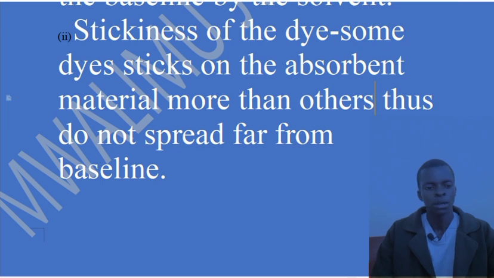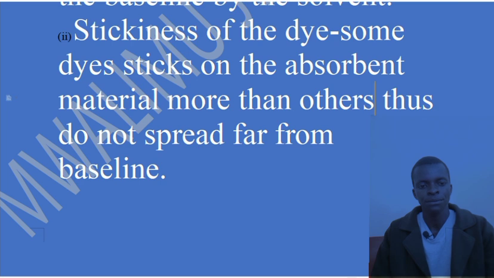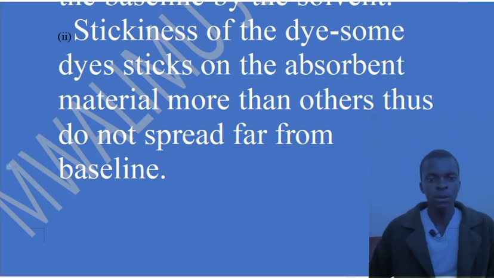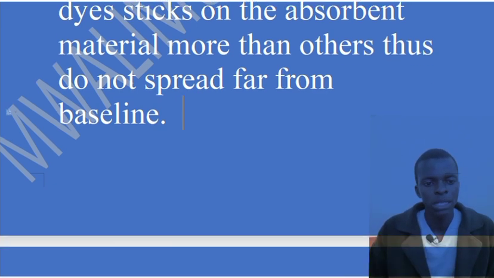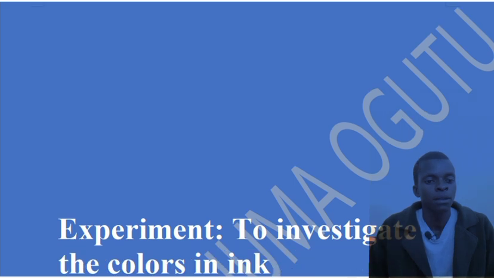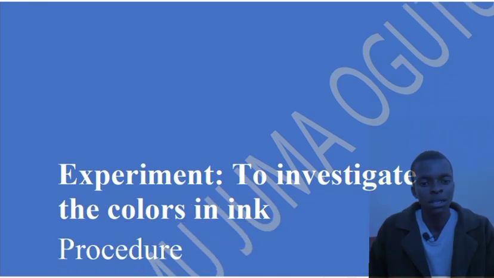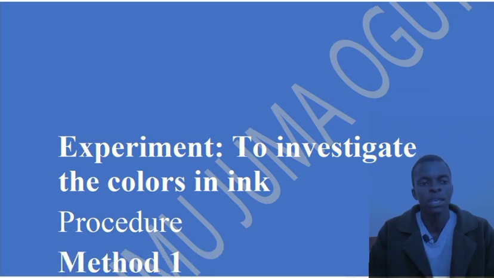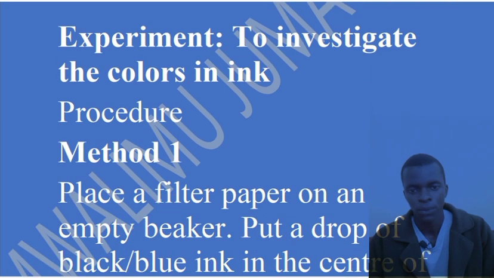As we had said, we are carrying out an experiment to show this, and we have two different methods. The first one is we place a filter paper on an empty beaker, then drop either black or blue ink in the center of the filter paper and wait for about 1 minute for the ink drop to spread further.